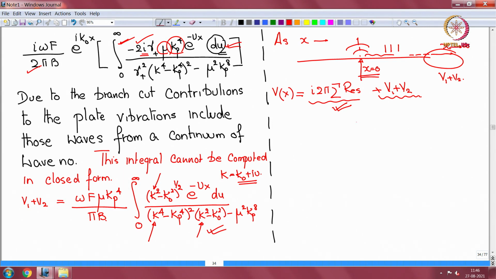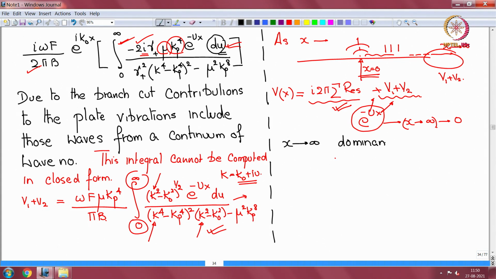Now we have e to the power minus ux in the numerator. So as x tends to infinity, this goes to 0. And so as x tends to infinity, the dominant contribution comes from u equal to 0.